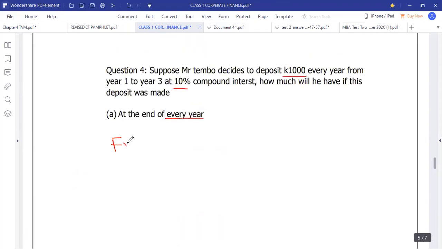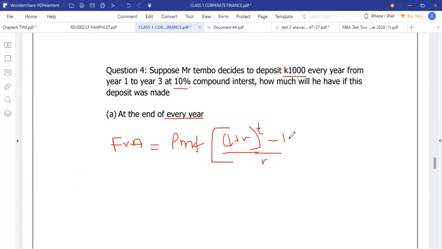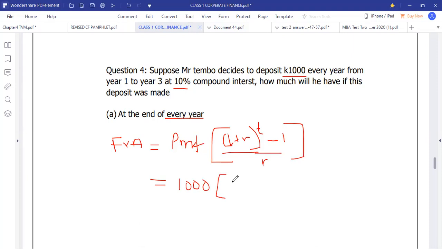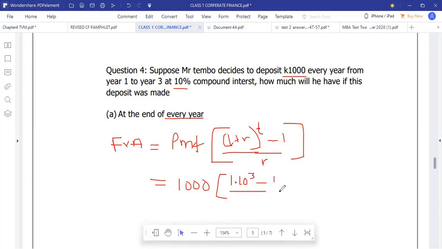So future value of an annuity, simply payment. Here it is 1 plus R to the power t minus 1 over the rate. So this is 1,000. Here we have 1.10 to the power 3 minus 1 over 0.10.